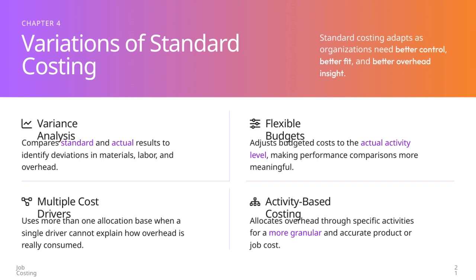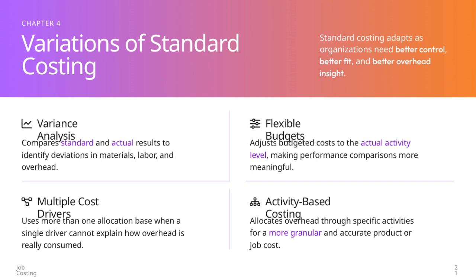Flexible budgets are another adaptation. They adjust budgeted costs based on the actual level of activity, which makes performance comparisons much more relevant and insightful. Sometimes a single cost driver is insufficient to explain overhead consumption accurately. In those cases, multiple cost drivers are used to allocate costs more precisely, reflecting the complexity of operations.